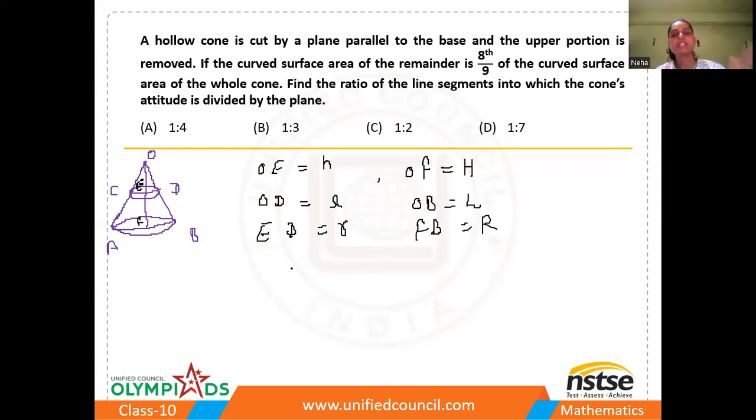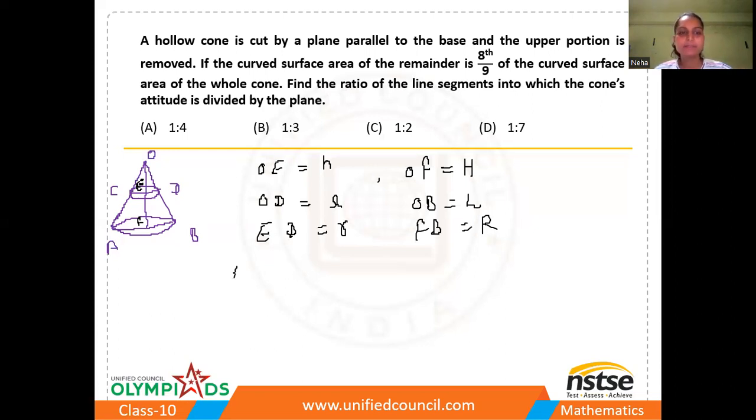These types of questions I can solve with the help of similarity of triangles. Here we can see that triangle OED and triangle OFD are similar to each other. So I can solve this question with the help of similarity of triangles. Clear?